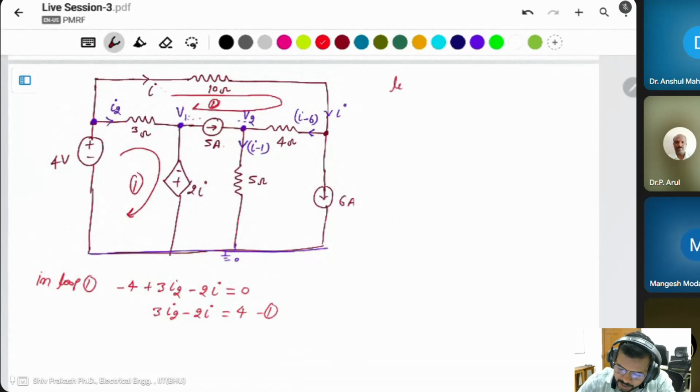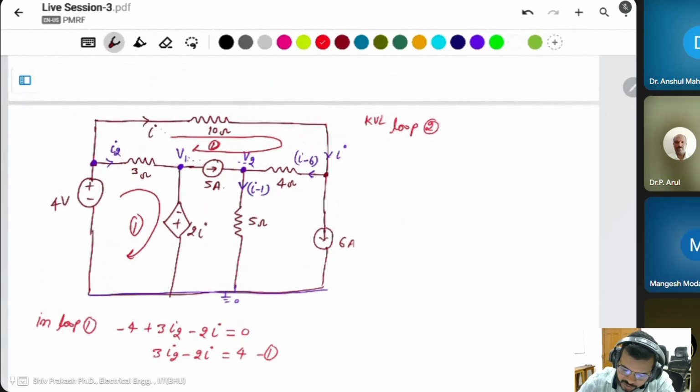Apply KVL in loop 2. Start from here, plus minus, this will be 10I. Then after this resistor, plus 4 times I minus 6, so 10I plus 4I minus 6.